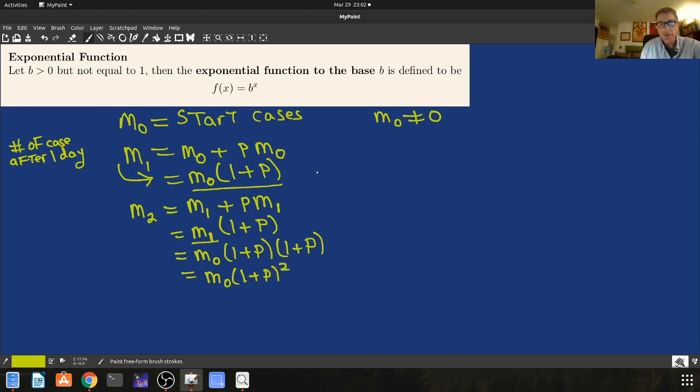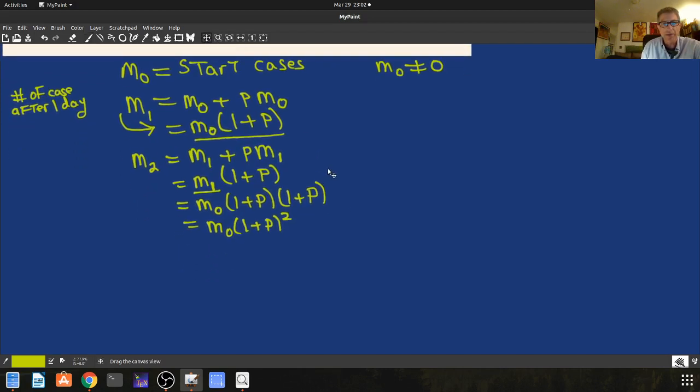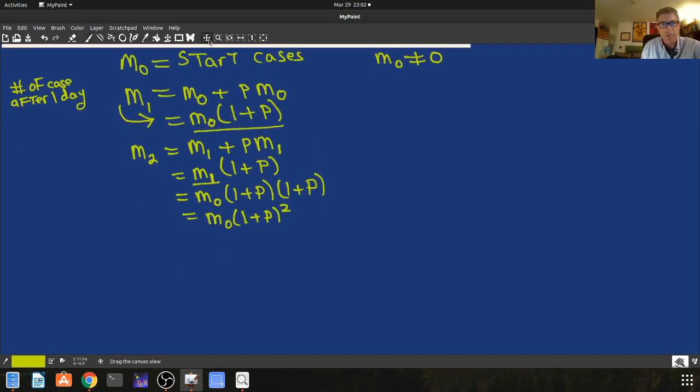Interesting. So on day 1, I have the total number of start cases times 1 plus p. At the end of day 2, I have the total number of start cases times 1 plus p squared. Well, let's take this down one more step and see if we can see a pattern and make an inference based upon that pattern.